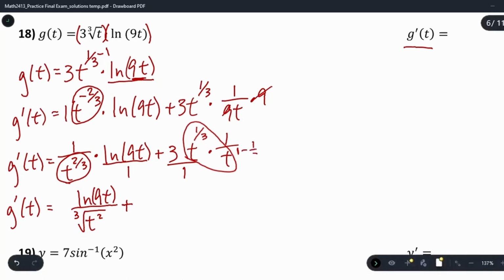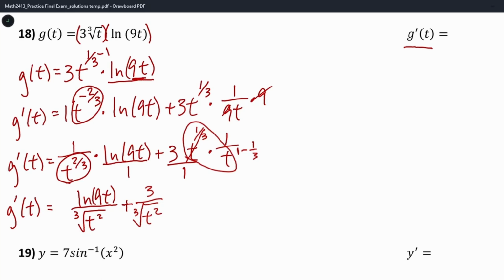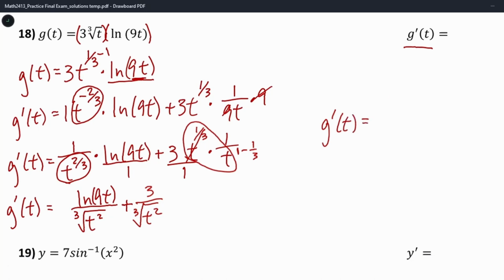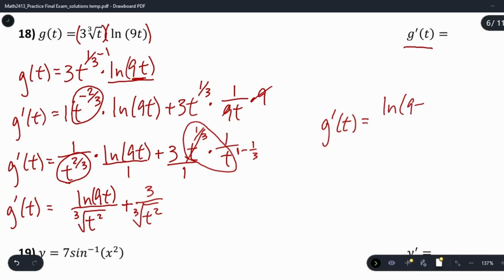If I minus the 1/3 to get rid of the t in the top, that's going to give me 3 over t to the 2/3, or the cube root of t squared. And then I can see that I have a common denominator. So my final answer for g prime of t in simplest form is going to be the natural log of 9t plus 3 all over the common denominator of cube root of t squared.